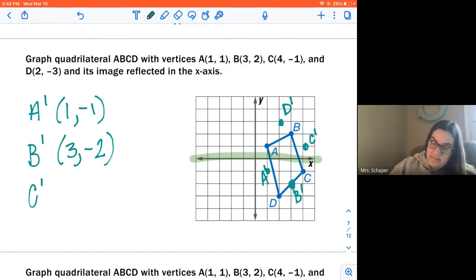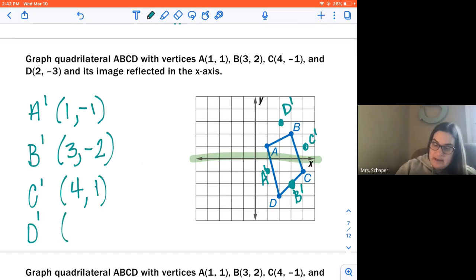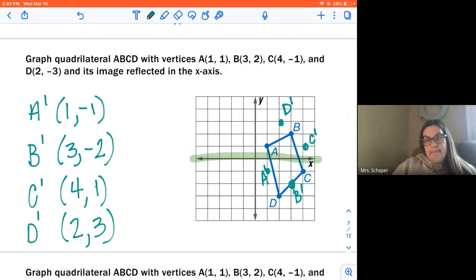For C prime, 4 stays the same. Take the opposite of y. D prime, keep x the same. Opposite 3 is 3. So you can do it either way.